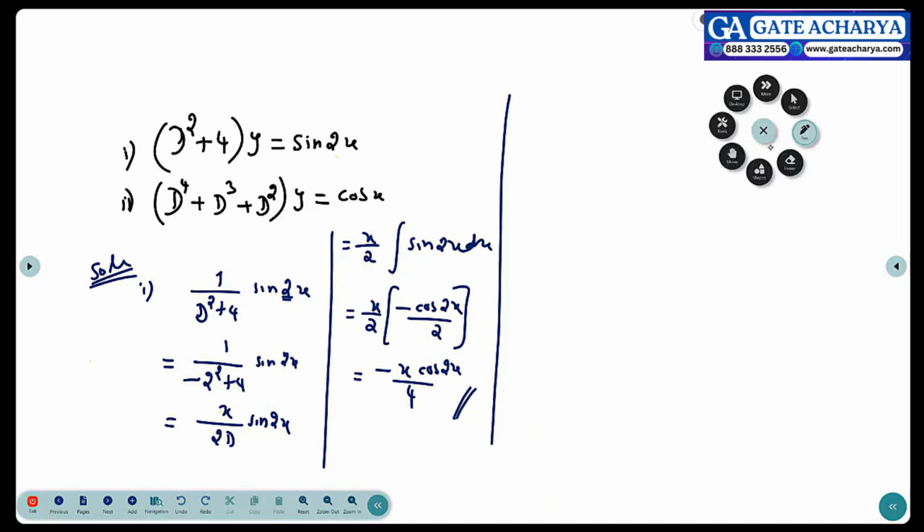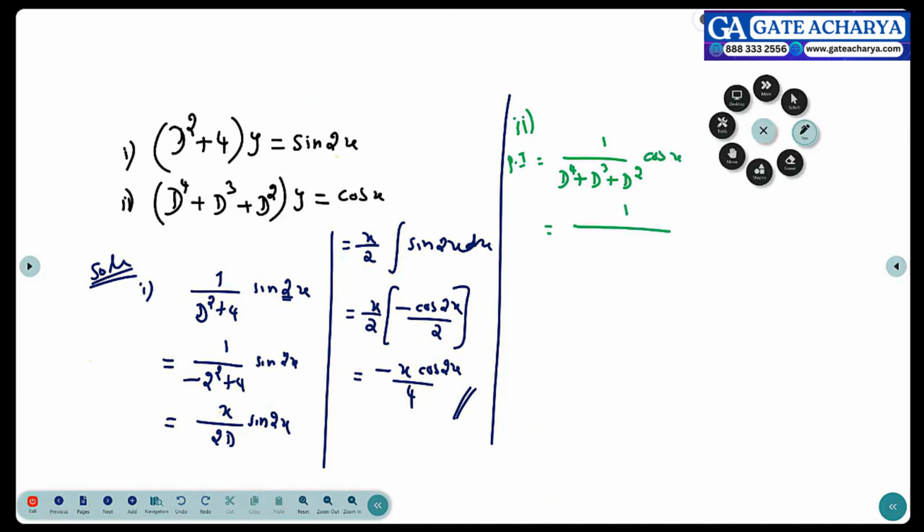The second one, D power 4. So the particular integral of the second is 1 by D power 4 plus D cube plus D square into cos x.